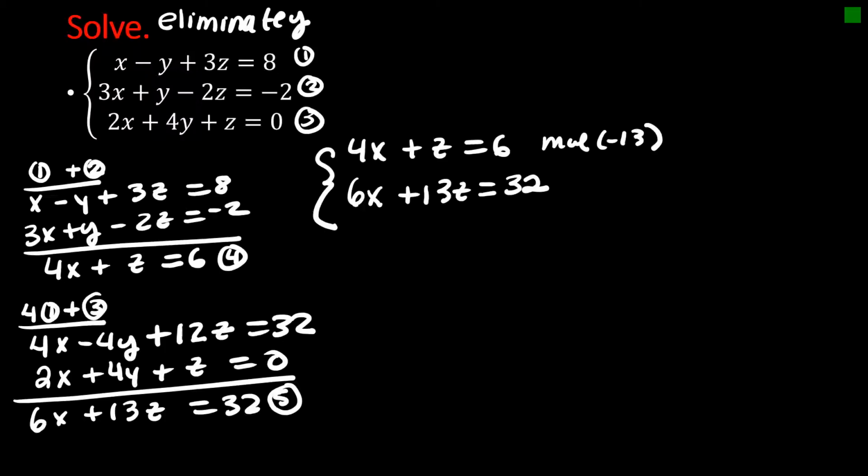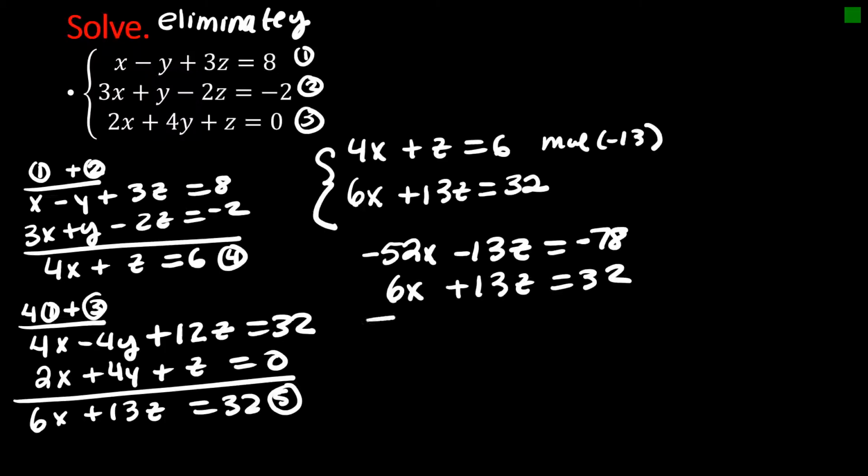So when I do that, 4x plus z equals 6 becomes negative 52x minus 13z equals negative 78. And the 6x plus 13z equals 32 remains unchanged. When I add, I get negative 46x equals negative 46. So x is going to be 1.